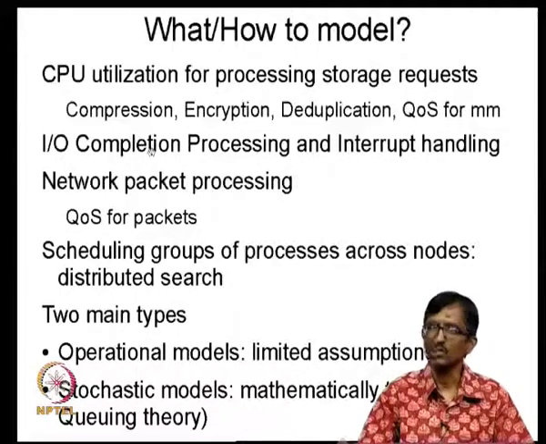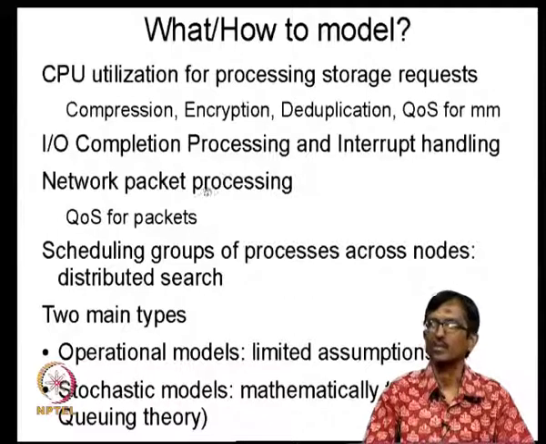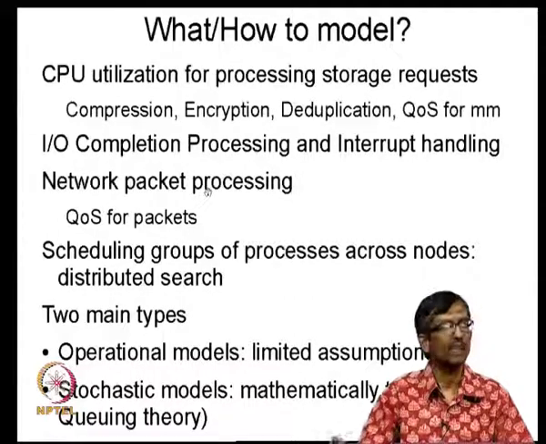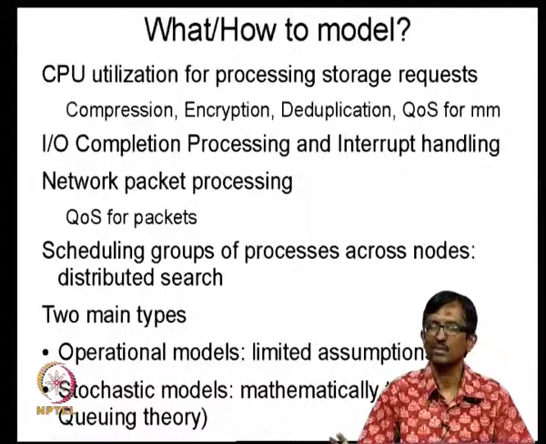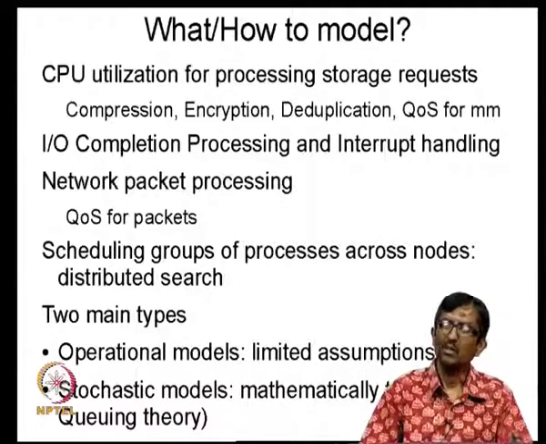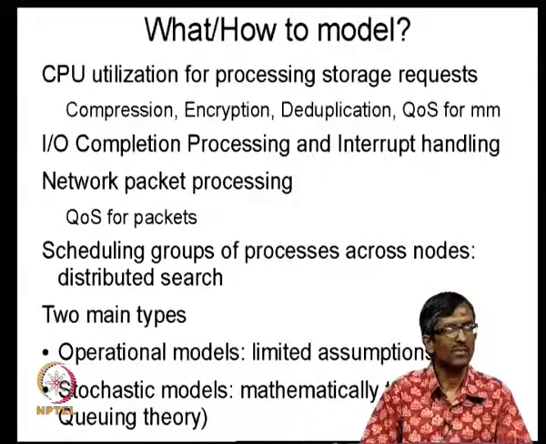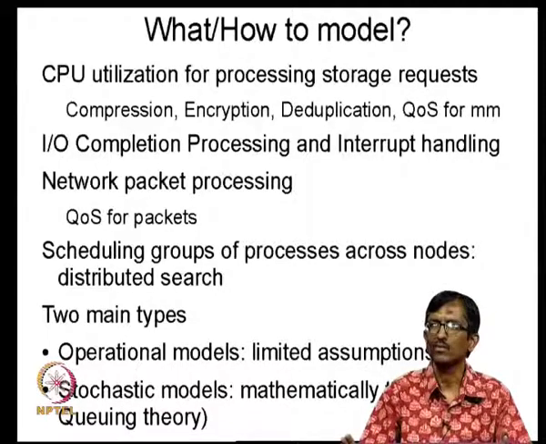And since you are also doing storage across networks, there is also network packet processing that can come in, and at very high speed networks like gigabit Ethernet etc., they can be pumping packets at a high rate, because they are working at gigabit speeds, and Ethernet typically is at 1500 bytes or 9000 bytes, what I call jumbo frames.